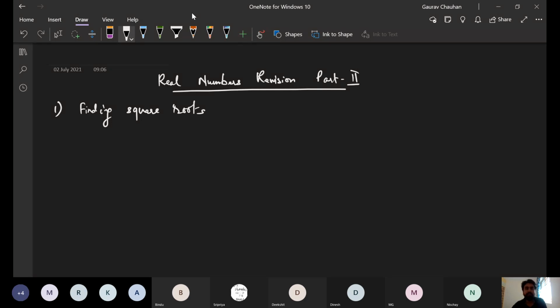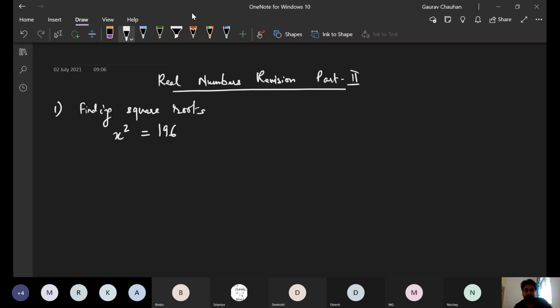Suppose I have 196, and somewhere during my calculations, suppose my Pythagoras theorem or some other equation I'm solving, it is a quadratic equation, and I've reached this situation that x square is equal to 196.